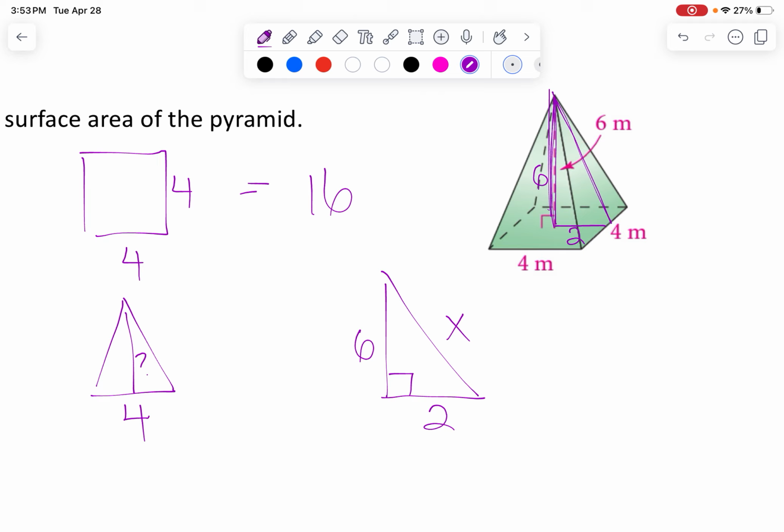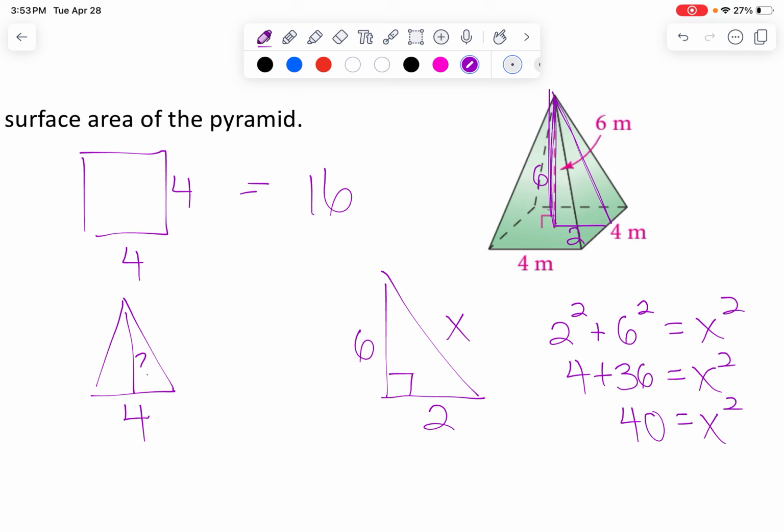So we've got 2 squared plus 6 squared is equal to x squared. That's 4 plus 36, so I have 40. Take the square root of both sides, so x is the square root of 40, which is 6.32.